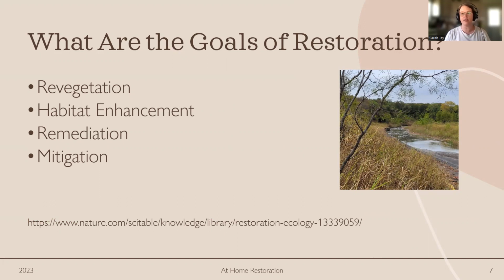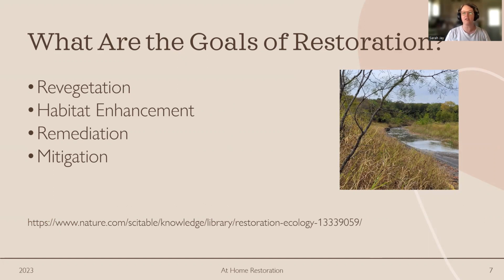Habitat enhancement is another factor, and that's maybe making way for the natives that are there already. They just need a little bit of space to grow and proliferate. Remediation is restoring a habitat that has been degraded in some sense due to all the factors I mentioned during the revegetation portion.